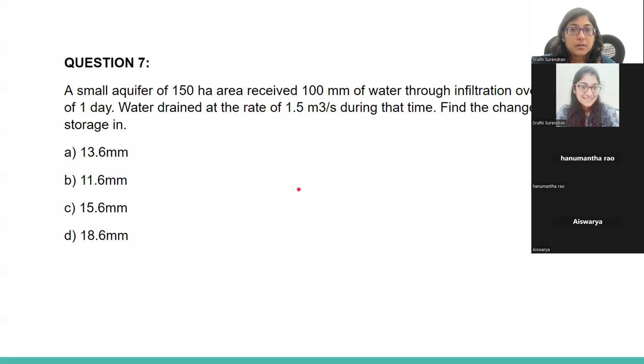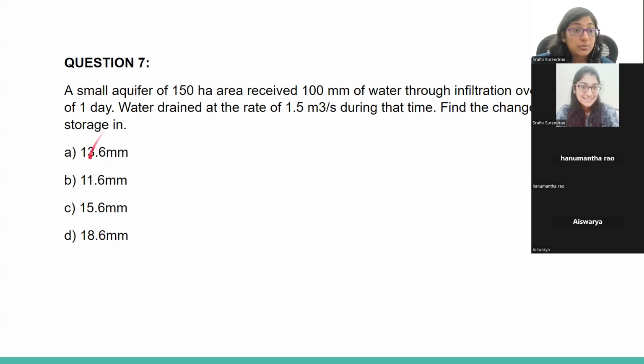Again, another question to estimate the groundwater storage or groundwater recharge. A small aquifer of area 150 hectares received 100 mm of water through infiltration over a span of 1 day. The water that is drained is at the rate of 1.5 meter cube per second.